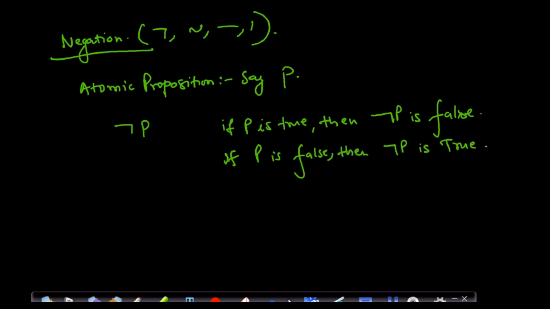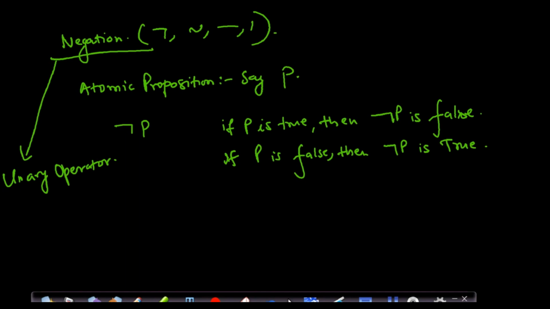In the case of compound propositions, how do we get the truth value of the compound statement? Negation is a unary operator, so it applies on only one proposition. But the other connectives, like disjunction or conjunction, are binary operators.